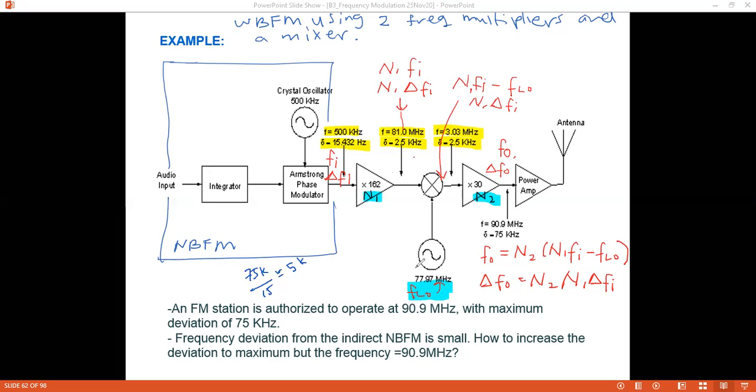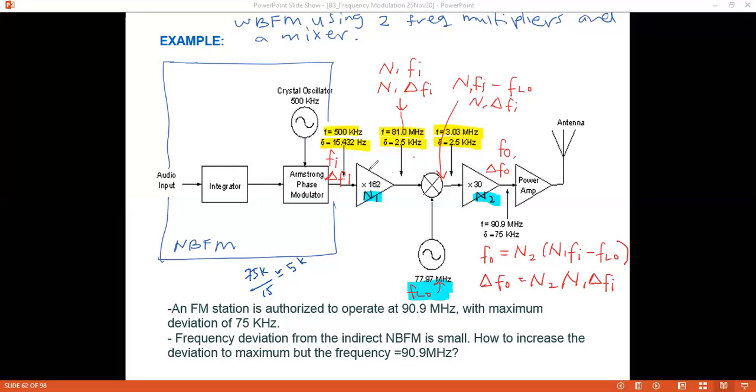That's why we have this mixer to reduce our frequency so it becomes 90.9 megahertz. We have to choose our FLO appropriately so that we can get the value that we want.